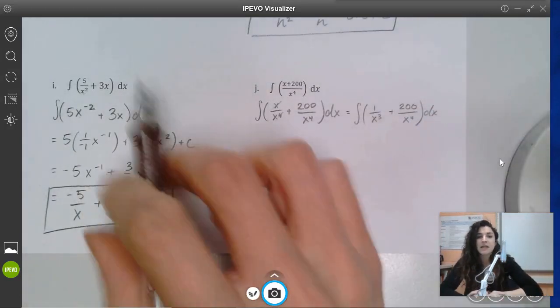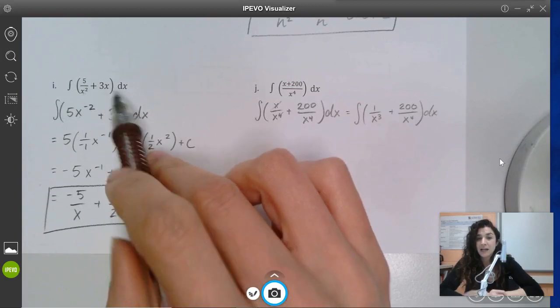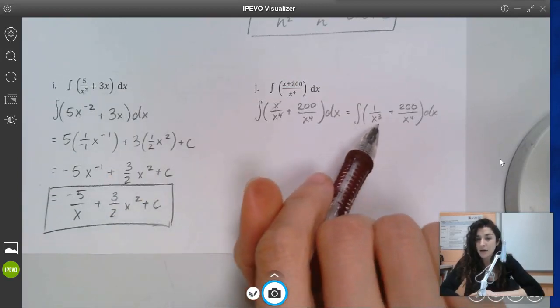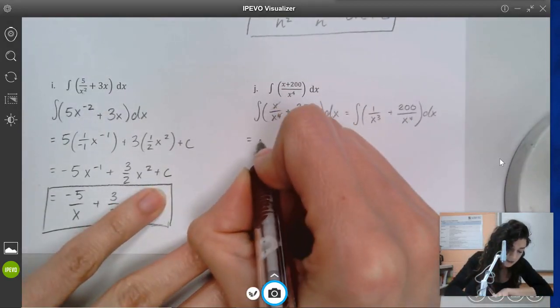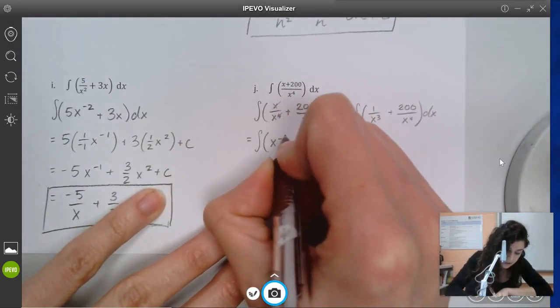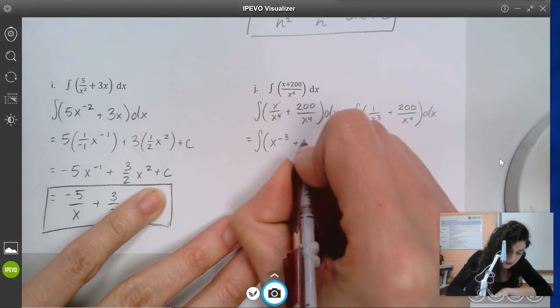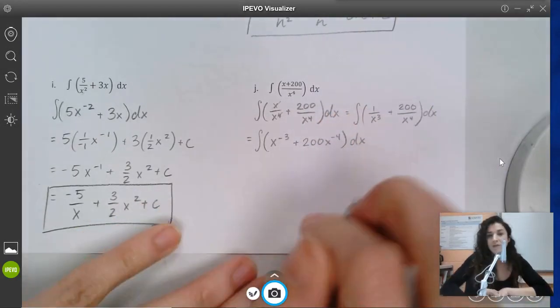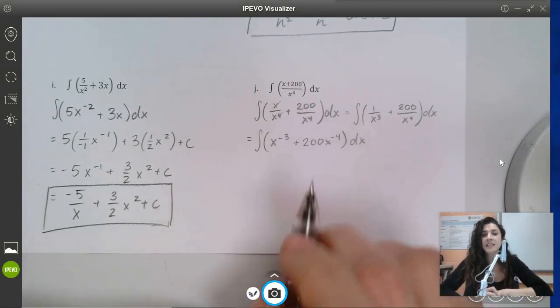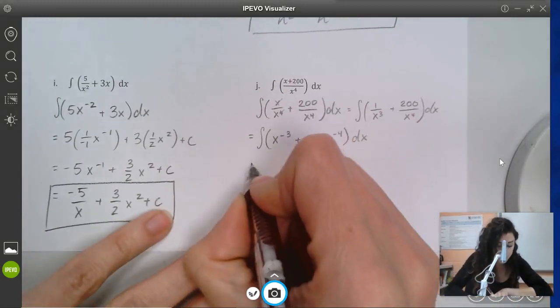Now it's kind of separated out that it looks similar to this, right? You feel slightly better about getting it to this place because then you're like, oh, then I can just put that up, deal with my negative exponents: the integral of x to the -3 plus 200x to the -4 with regards to x. Now I can find my integral.